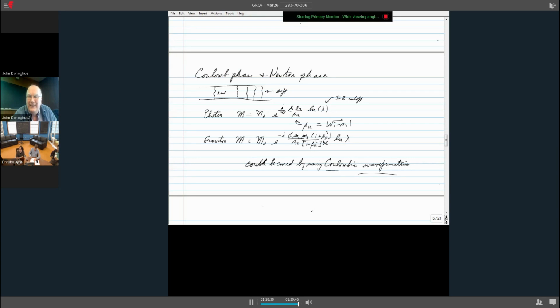So these guys cancel when you square the amplitude, so that's why they're there. They also can be cured by using not plane waves, but by using true Coulombic waves.